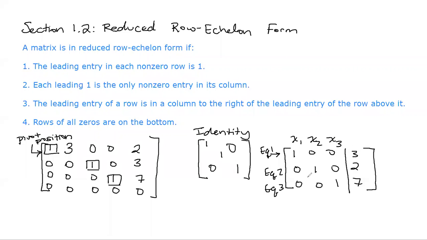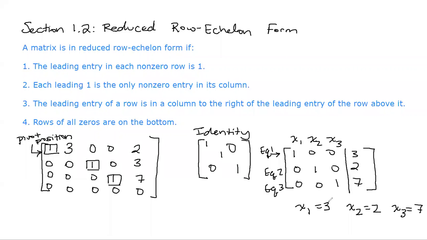So if we were to read off these 3 equations off of the matrix, what we have is 1 copy of x1 plus no copies of x2 plus no copies of x3 equals 3. The second equation reads no copies of x1 plus 1 copy of x2 plus no copies of x3 equals 2. And equation 3 reads no copies of x1, no copies of x2, and 1 copy of x3 equals 7.